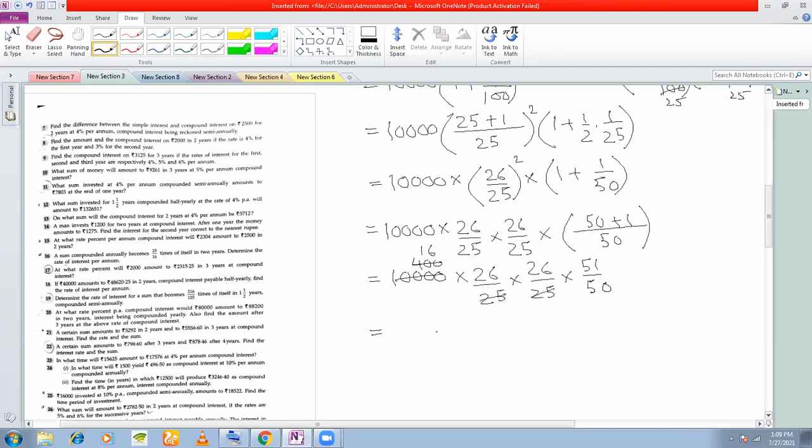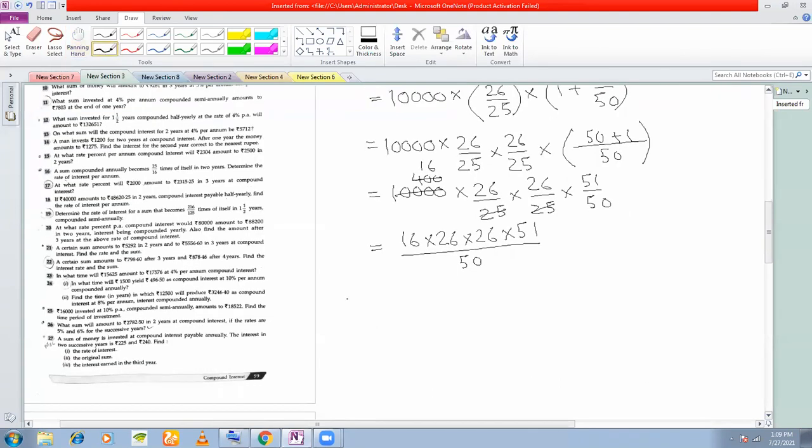Okay, and how do we calculate this? So I get 16 into 26 into 26 into 51 divided by 50, right? So now what I do here, I multiply this to get 551,616 divided by 50.